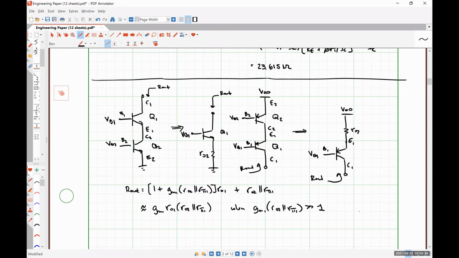So R02 in parallel with R pi 1 just becomes R pi 1.